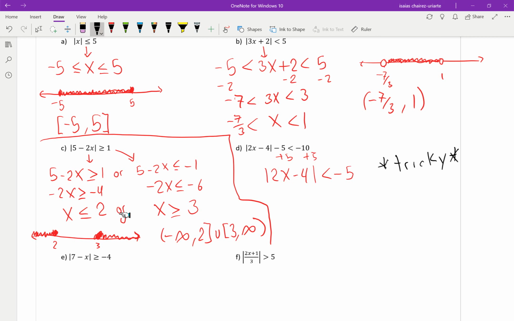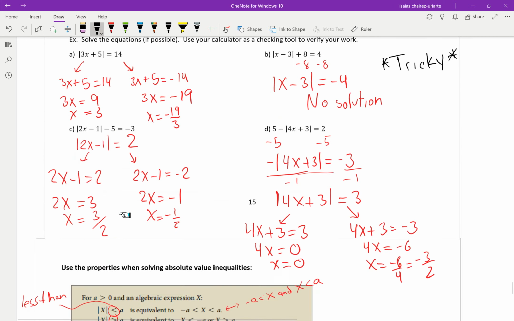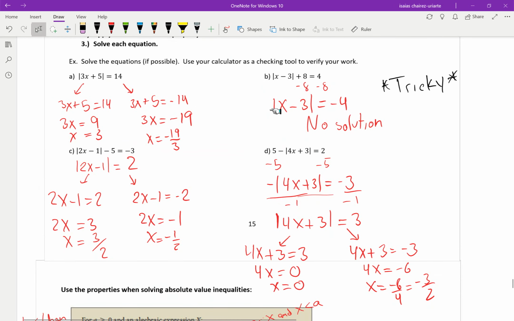Remember what we had with this equation up here, where we had an absolute value and then an inequality and then something negative. Remember that the absolute value is always positive. That will always be positive no matter what choice of x.